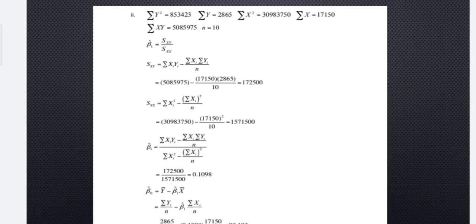So kena ingat balik lah macam mana nak guna calculator, scientific calculator. Okay, kena masuk mode regression, dan masuk mode linear, and then masukkan data.